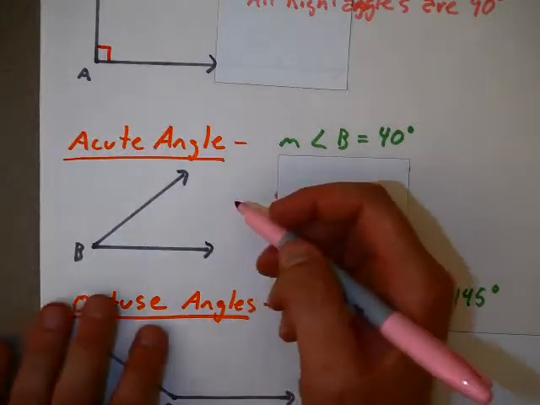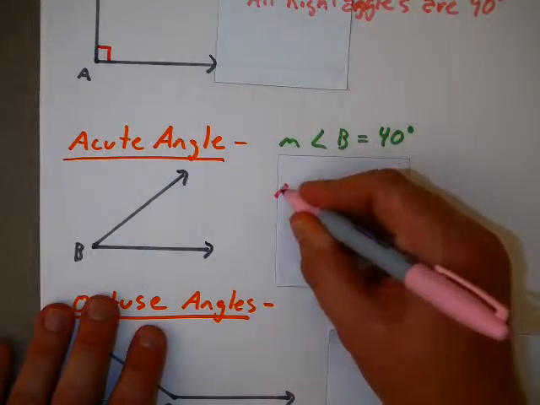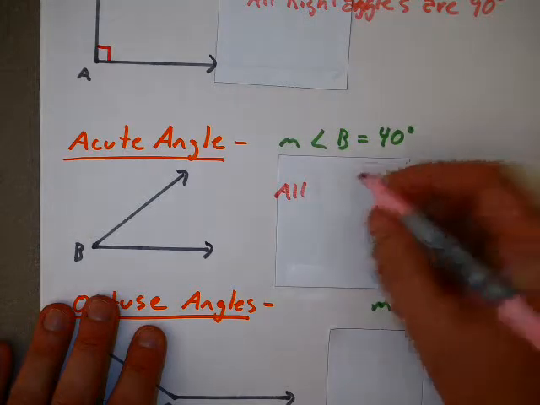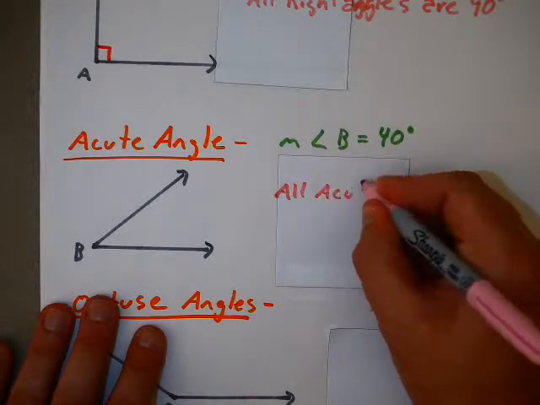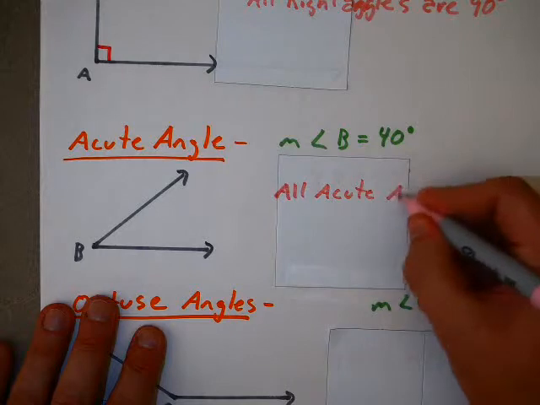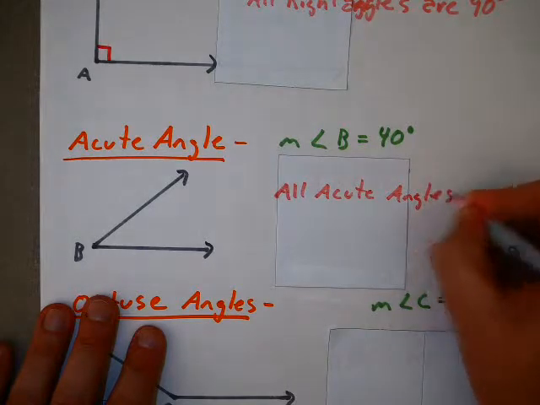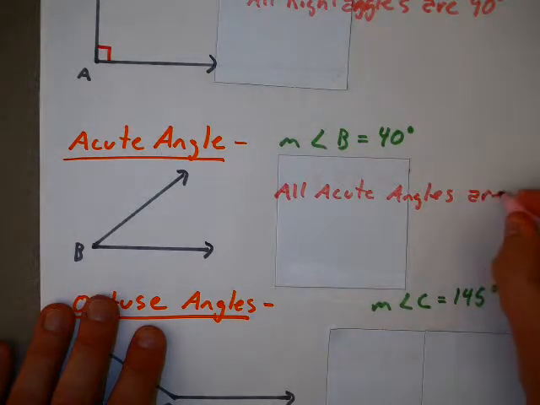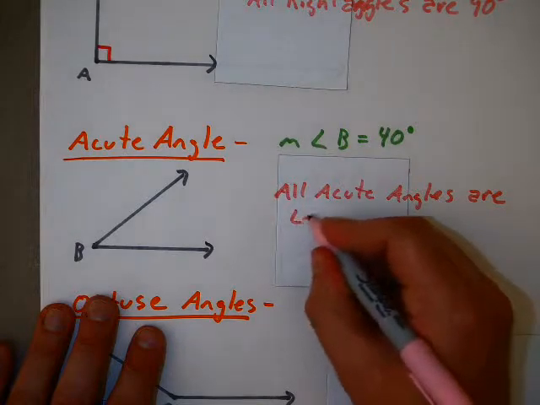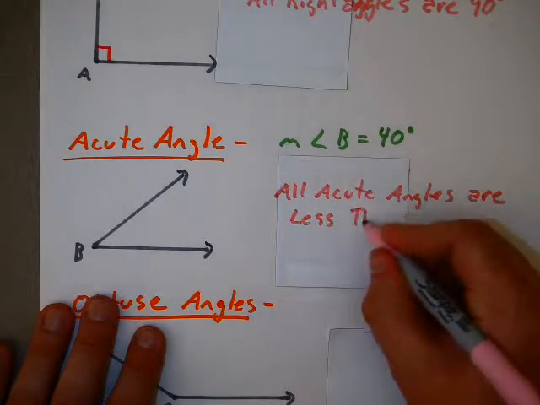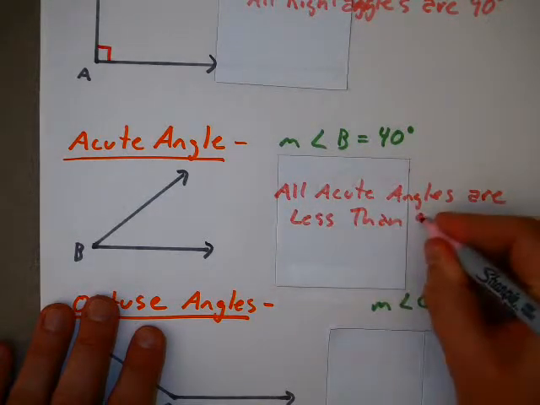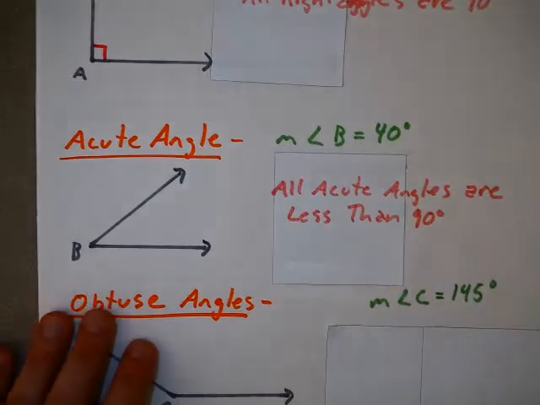And so what this tells us is that all acute angles are less than 90 degrees.